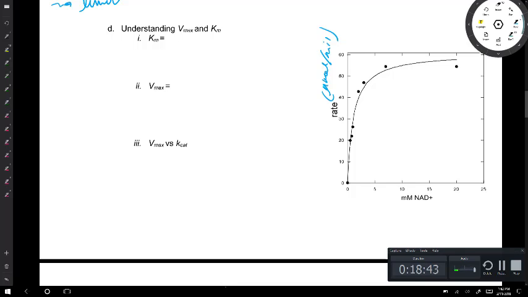However, once we get past like 5 to 10 millimolar NAD plus, you can see here that we've saturated the enzyme, because the rate at 5 millimolar NAD plus and the rate at 20 millimolar NAD plus is almost the same. And so that means once we've achieved this area of concentration of substrate, we've become saturated. So in terms of definitions, the Km is merely the substrate concentration at which the enzyme achieves one half Vmax.